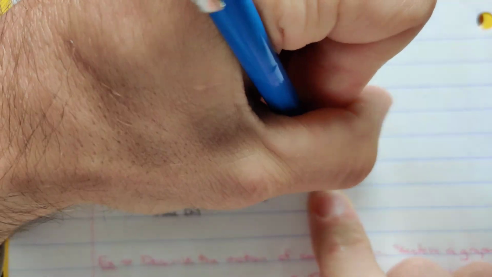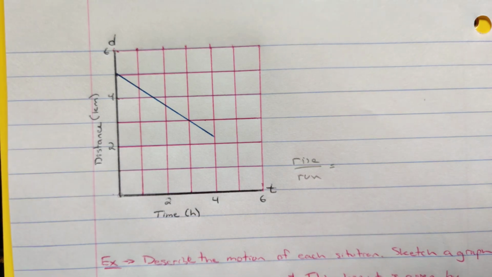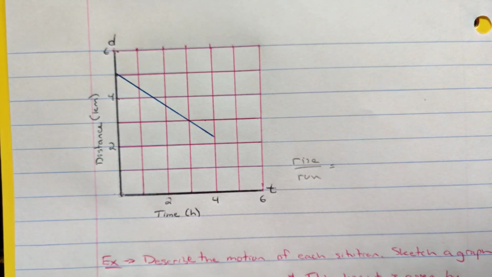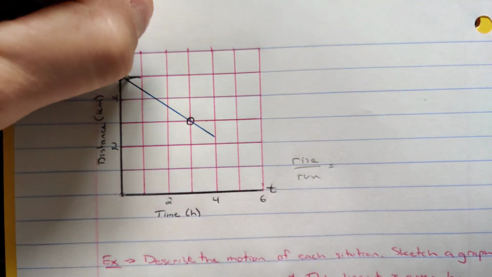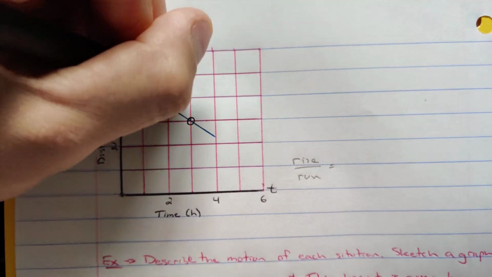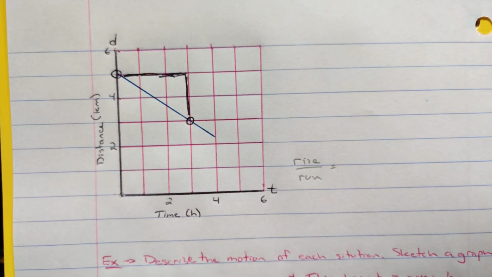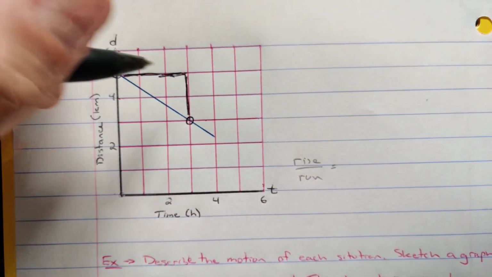That's going to be the rise over the run. So let's find a couple points here. There is a point right here. There's a point right here. So I'll make a rate triangle. It doesn't matter if it's above or below the line as long as it's a right angle.